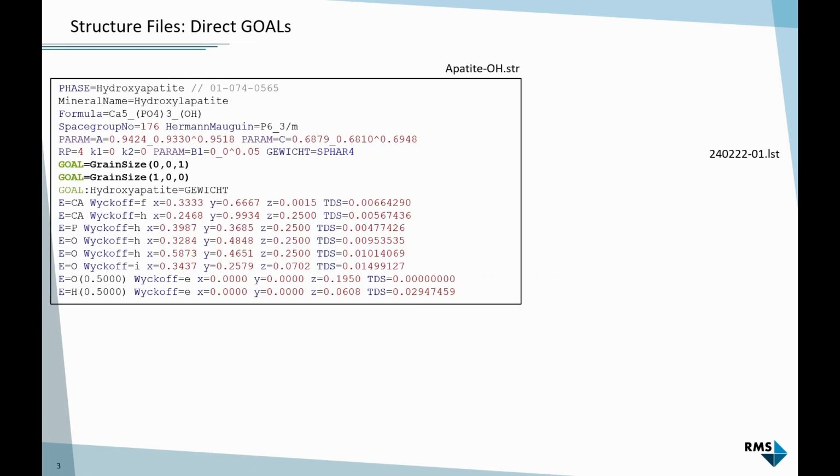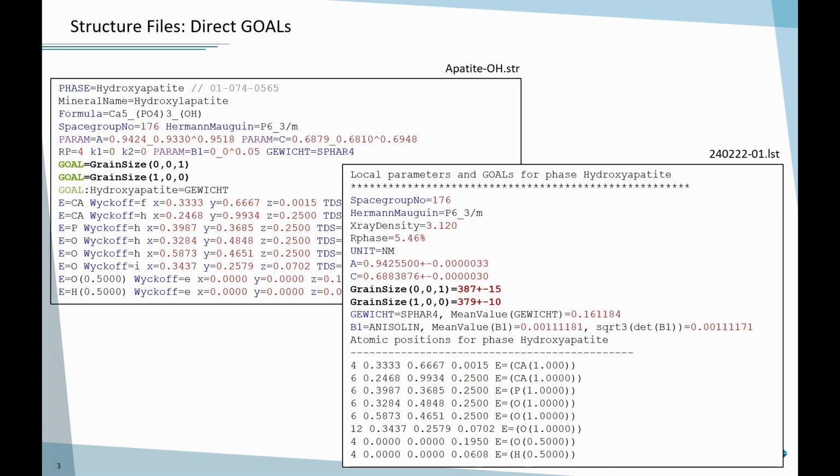So in the apatite file, as I mentioned before, we are instructing it to write the grain size in two different crystallographic directions to the results file. And in the results file, we will get exactly what we asked for, the crystallite size in direction 001 and 100. In this case, it's a high temperature apatite.